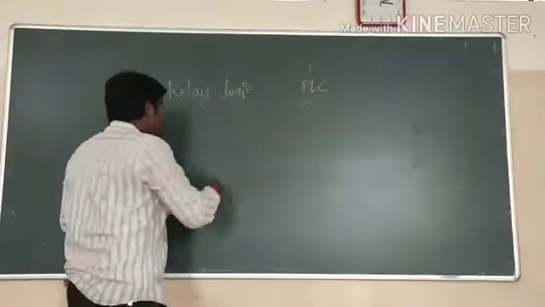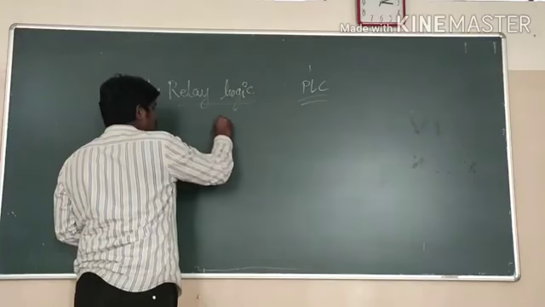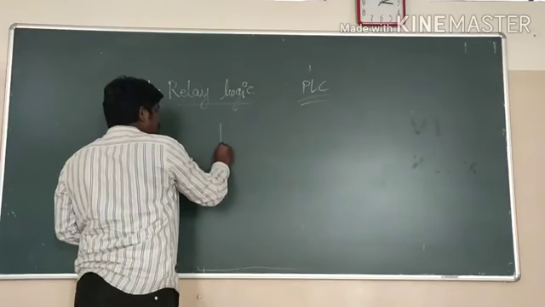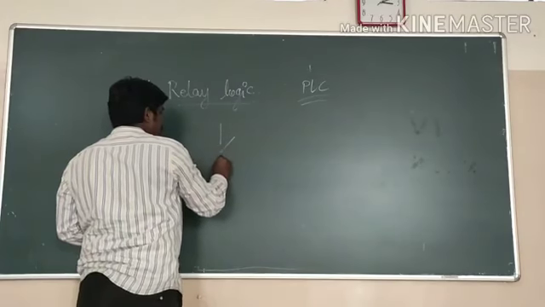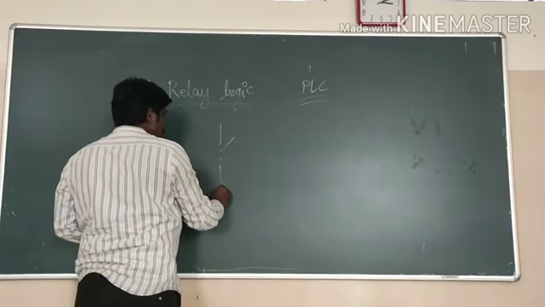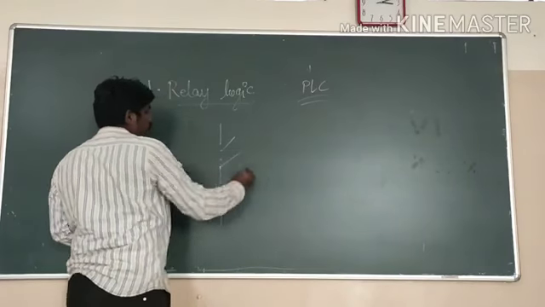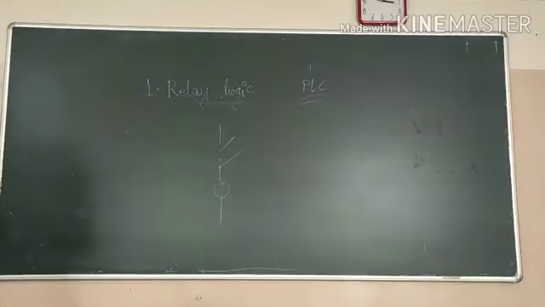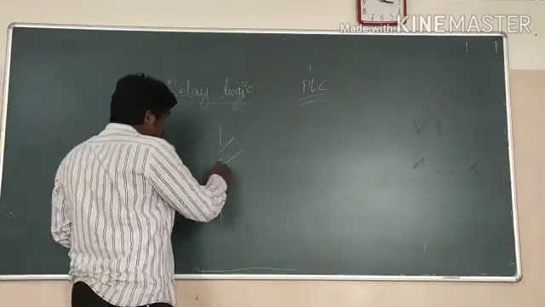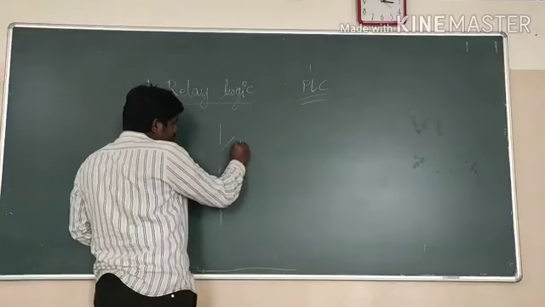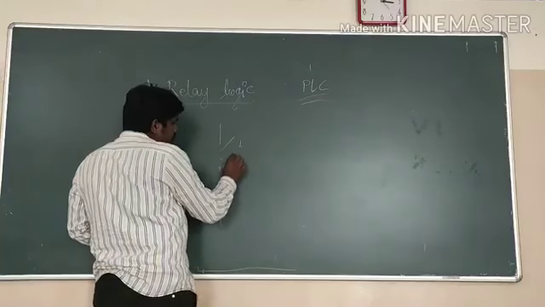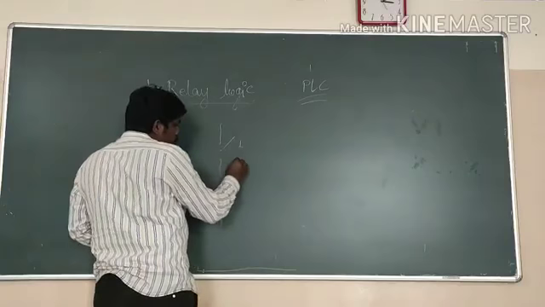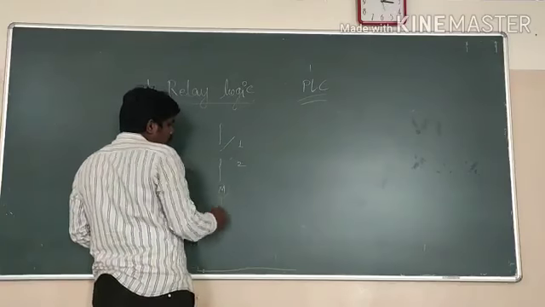Let's suppose I have a motor controller. These are the two switches, switch 1 and switch 2. This is the first switch and this is my second switch, and this is the motor.